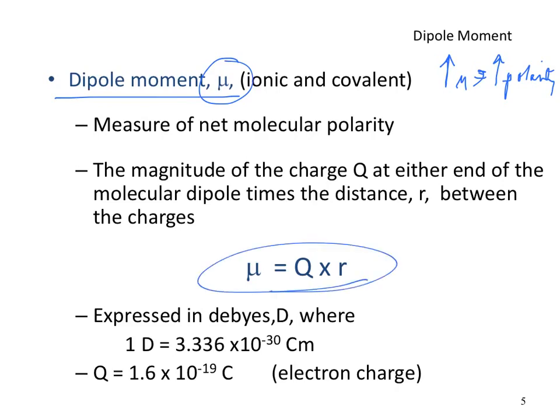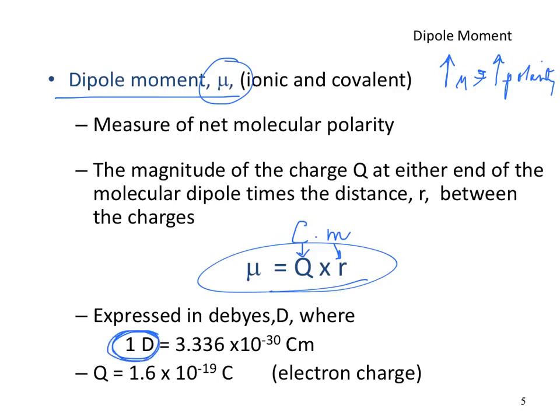Mathematically, it is determined by taking the product of the charge and the distance of separation of the charges. So in that sense, you can perhaps envision that the SI unit would be coulomb for charge, meter for the distance of separation. So coulomb meters is what the units are going to be, which is also referred to as debye.